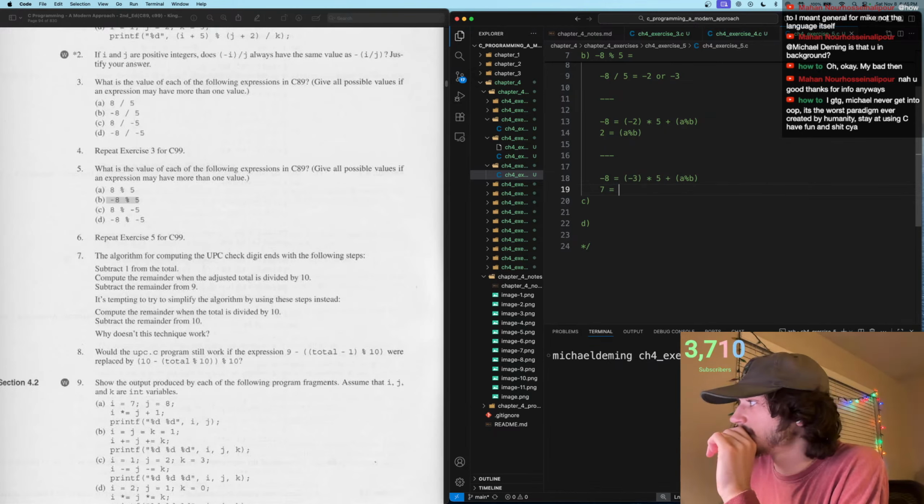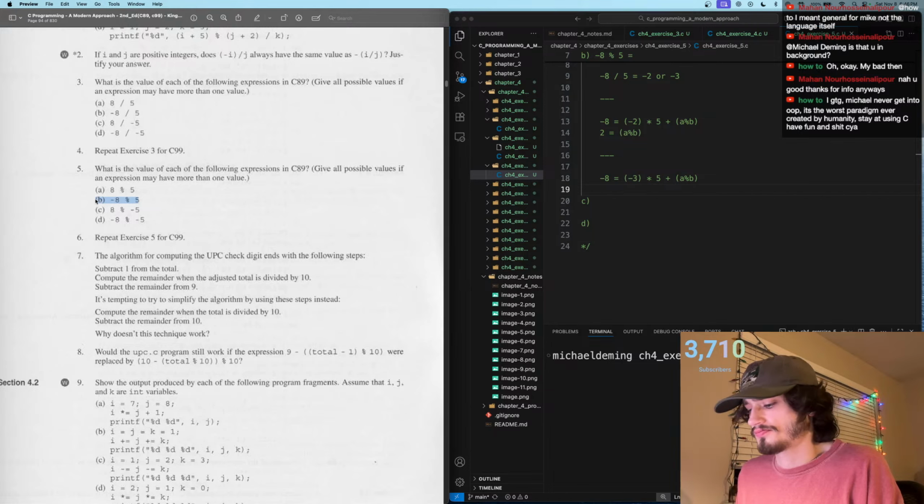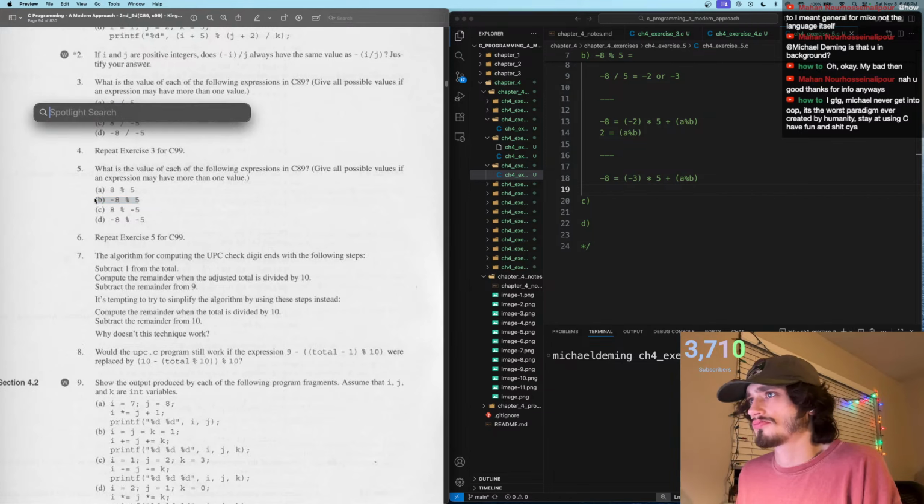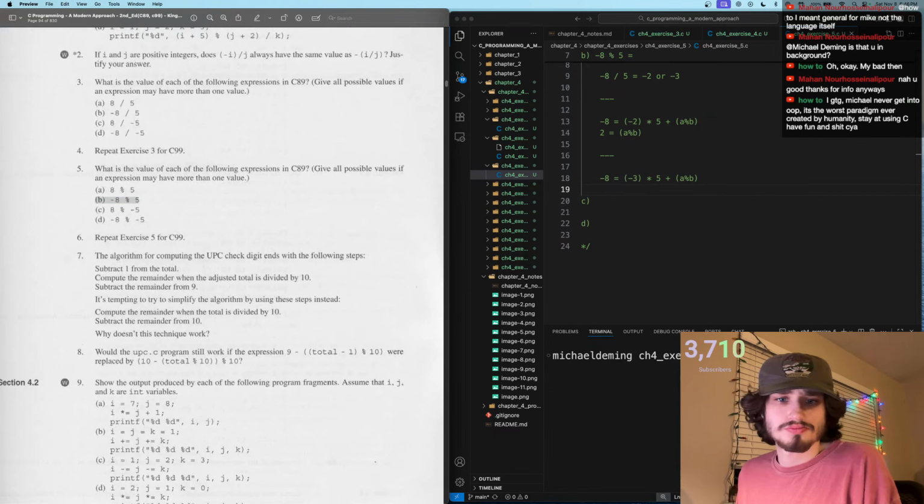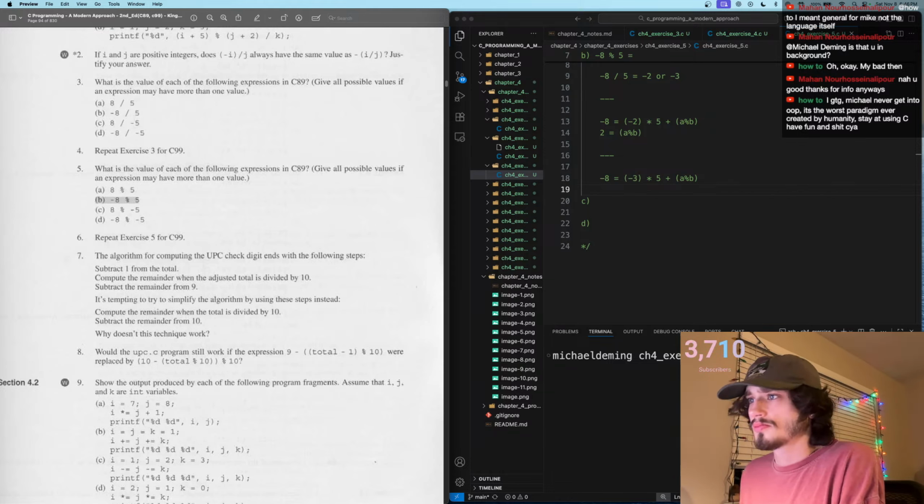Let's work with this example. I want to try to see with this example here.